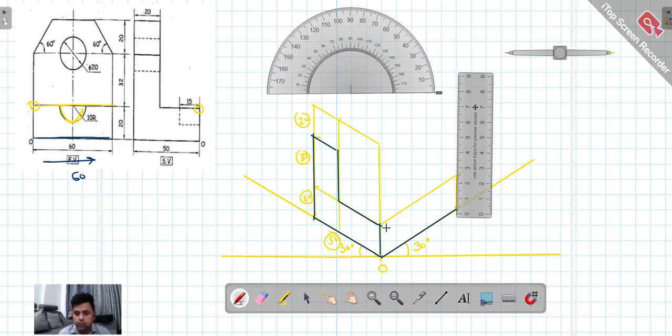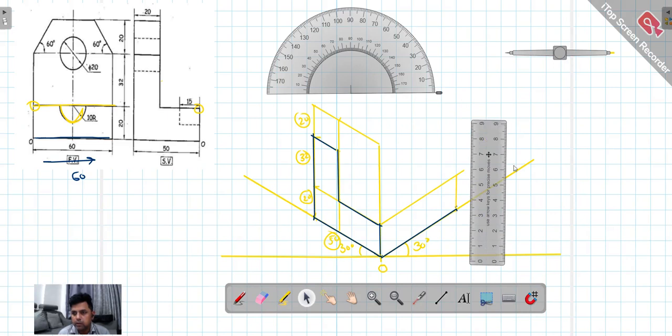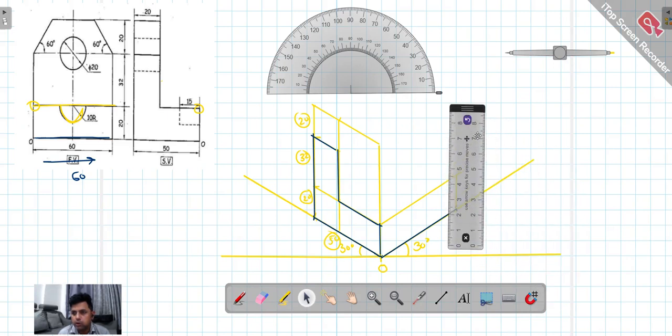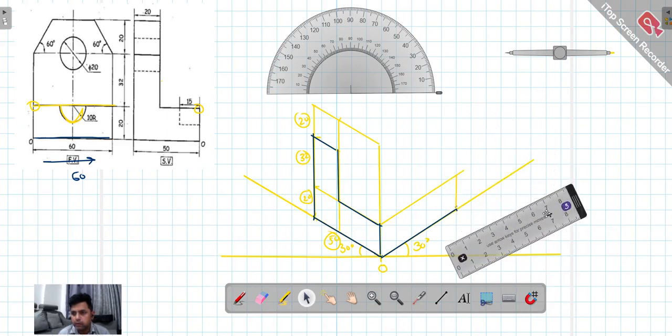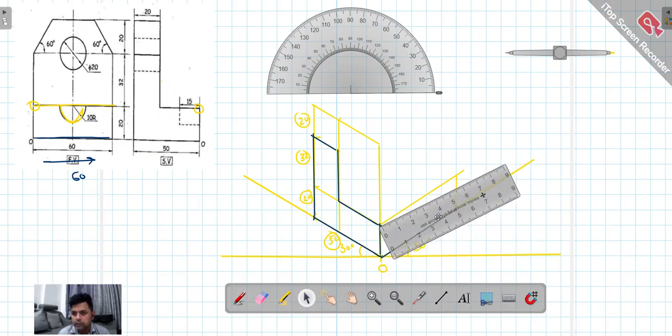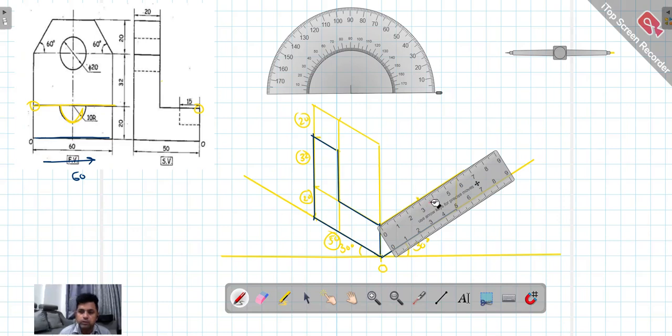So what is our duty? Is to mark the midpoint of that. So we'll take here it is 0 and I'll mark the midpoint at 30. Here I have marked 30. Let us say this point is 30.